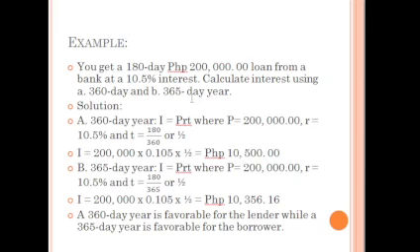And we will go to the 365-day year. I is equal to PRT, where P is 200,000 and the R is 10.5% or 0.105, and the T is 180 divided by 365.